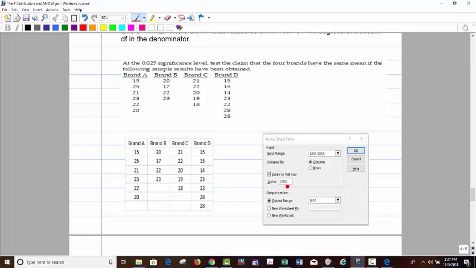I put in my alpha. Be careful that whatever alpha is there might be for a different problem. 0.025, that was my alpha for this one. Output range, I started it in F this time. I always like to leave a blank column there, so I started 2 over to the right. You'll see when it comes out, because it'll just print down and to the right.